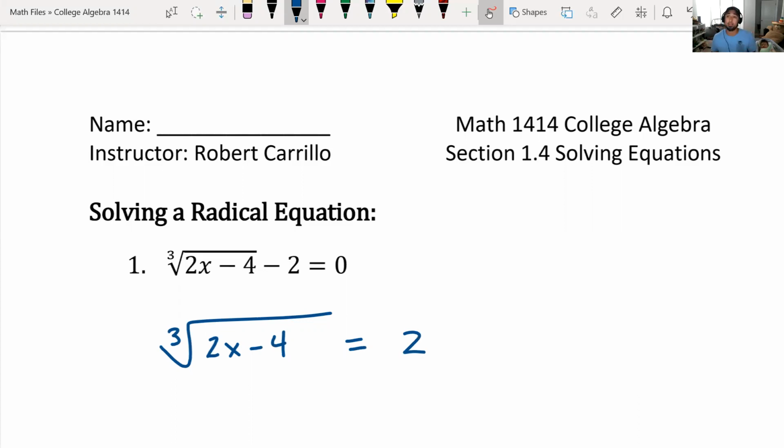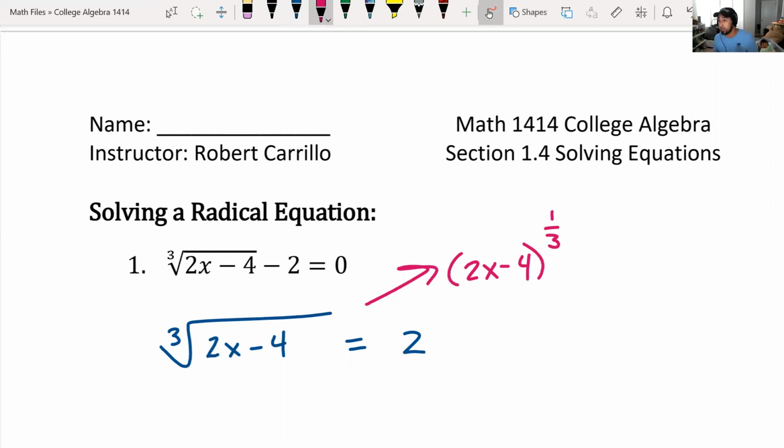And then the next thing to get rid of the radical is to raise it by its reciprocal power. So when I say reciprocal powers, for instance, just know that this cube root can be rewritten as 2x minus 4 to the 1/3, right?